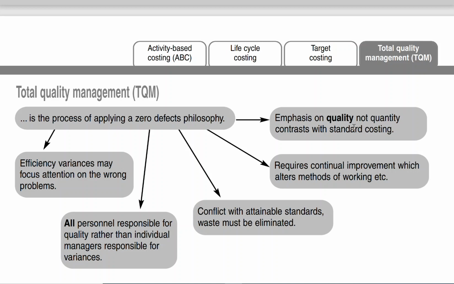If anything happens about the quality, that is called internal failure cost. And when the product is delivered to the customer and after that there is any defect, that is external failure cost.